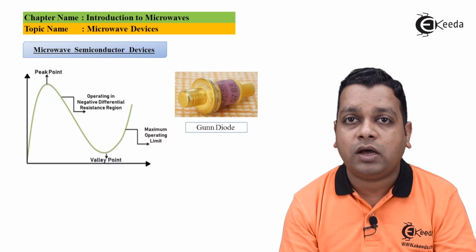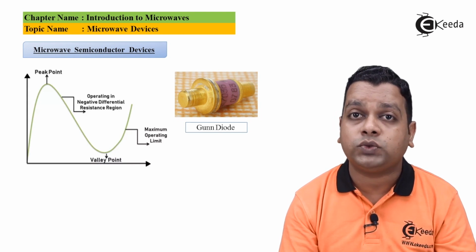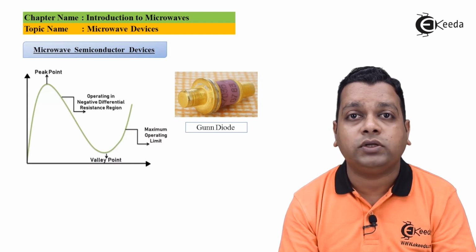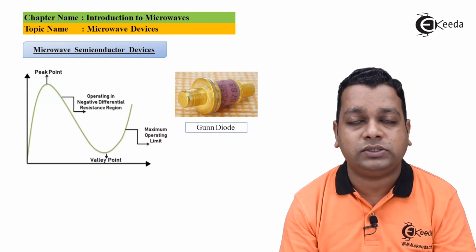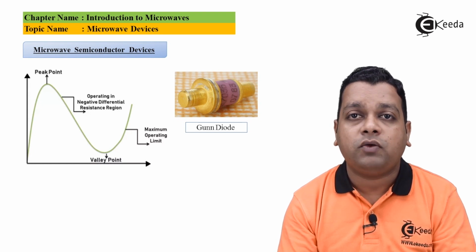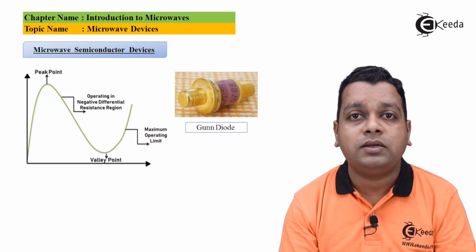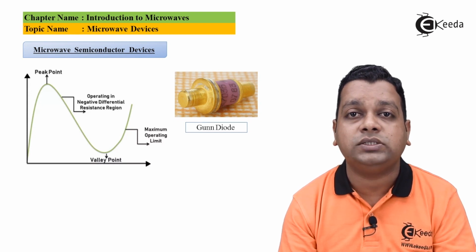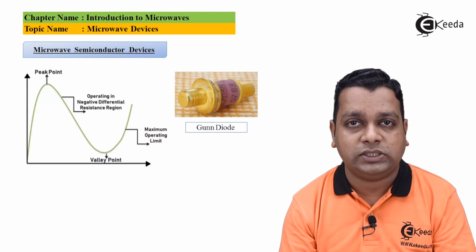So if the voltage applied is increasing, the current is also increasing. In that case we can say that it is a positive resistance type of curve, having a direct proportion. But when the voltage applied is increasing but the current produced is decreasing, we say that it is negative resistance.